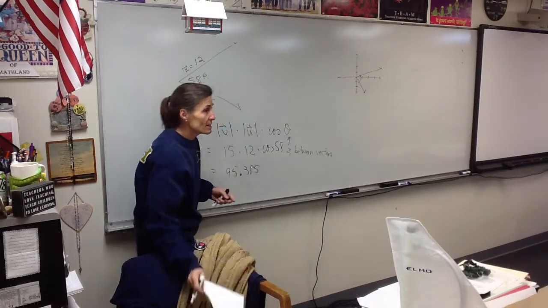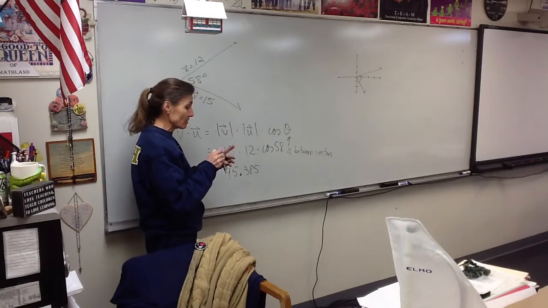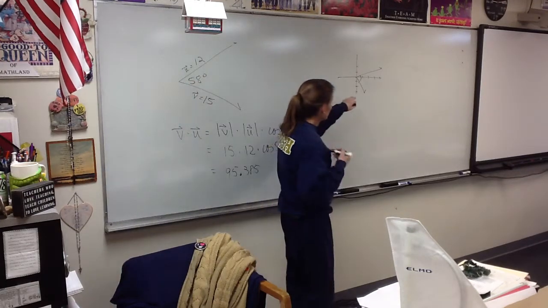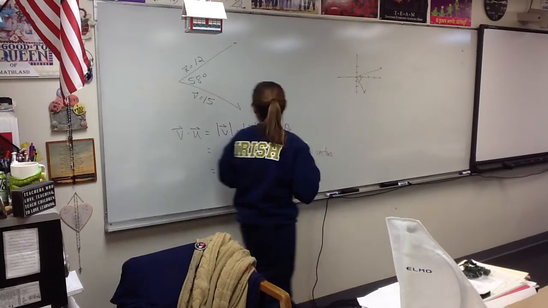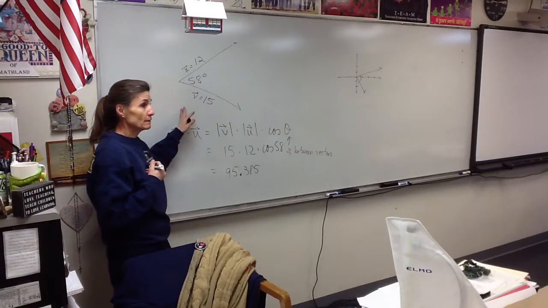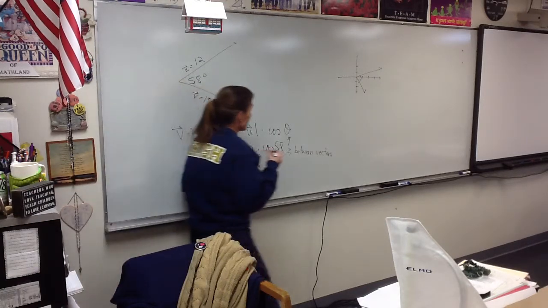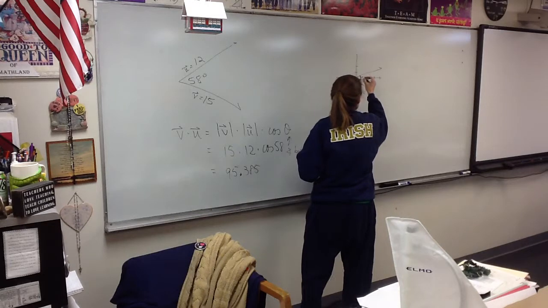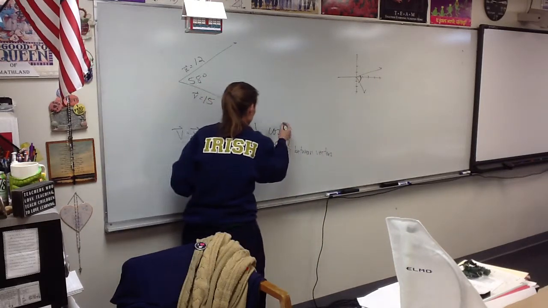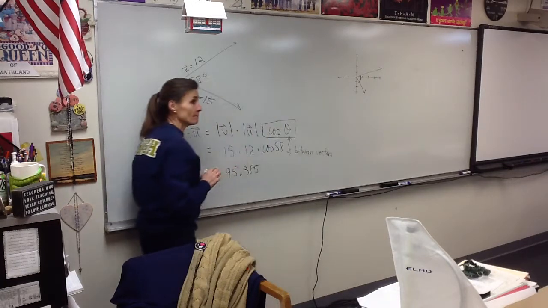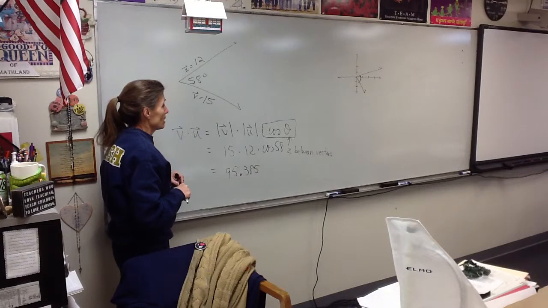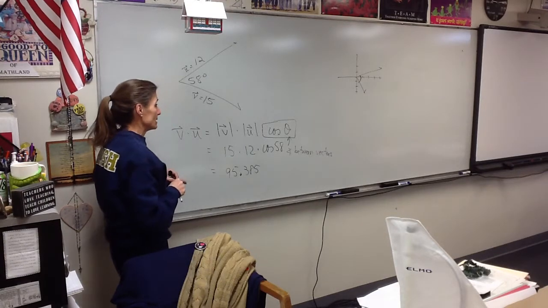My job is to find that angle. Now wait a second. Let's look at that situation and this situation. Are the pictures kind of similar? This is the angle between the 2 vectors, right? So that would be this right here. Would you agree with me? I want to know what that angle is.